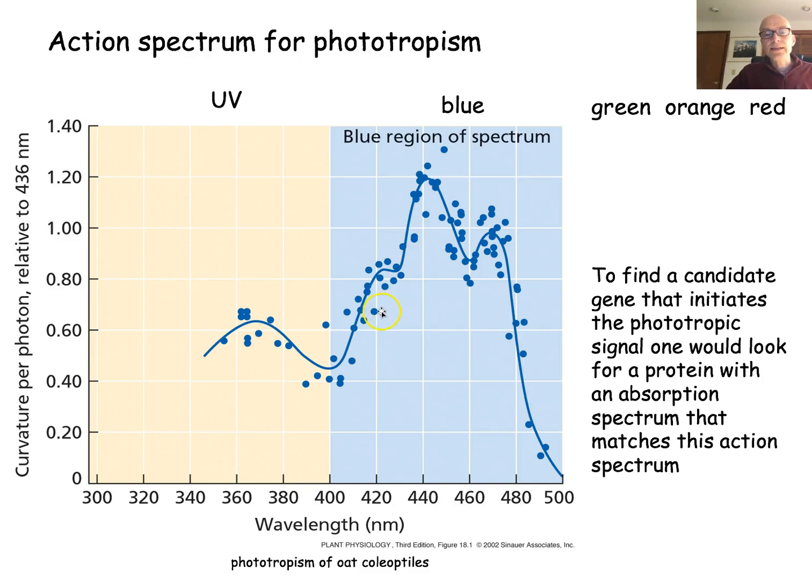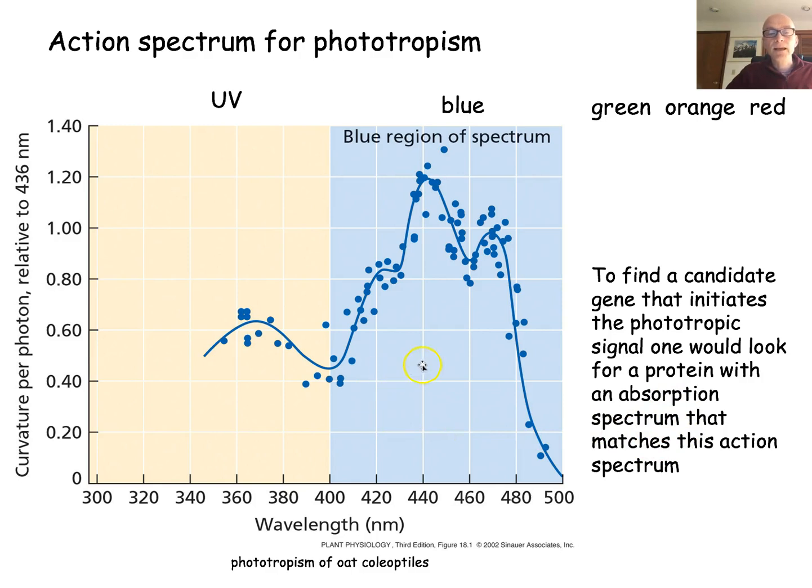So you can see that in the blue light spectrum, there's a lot of activity that leads to this particular phototropic response. And so just like with all action spectrum analysis, to find a candidate gene that initiates the phototropic signal, one would look for a protein with an absorption spectrum that matches this action spectrum.